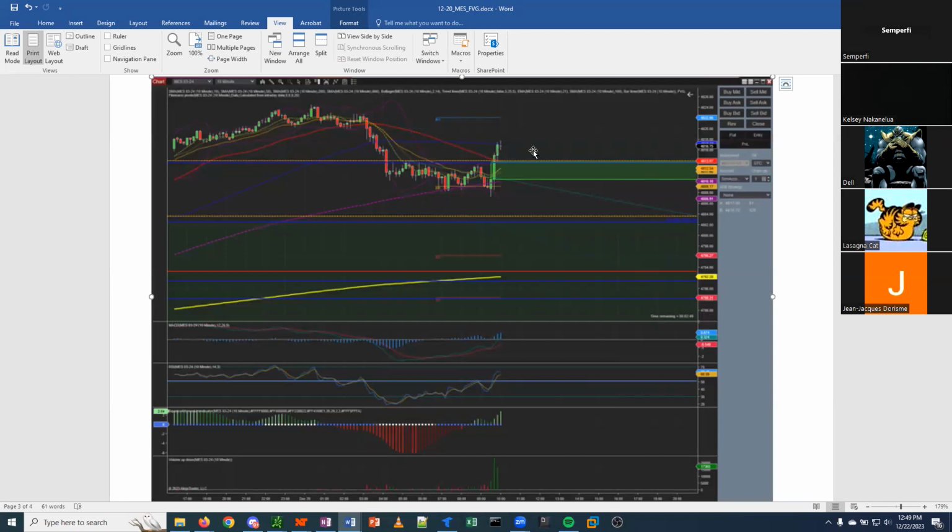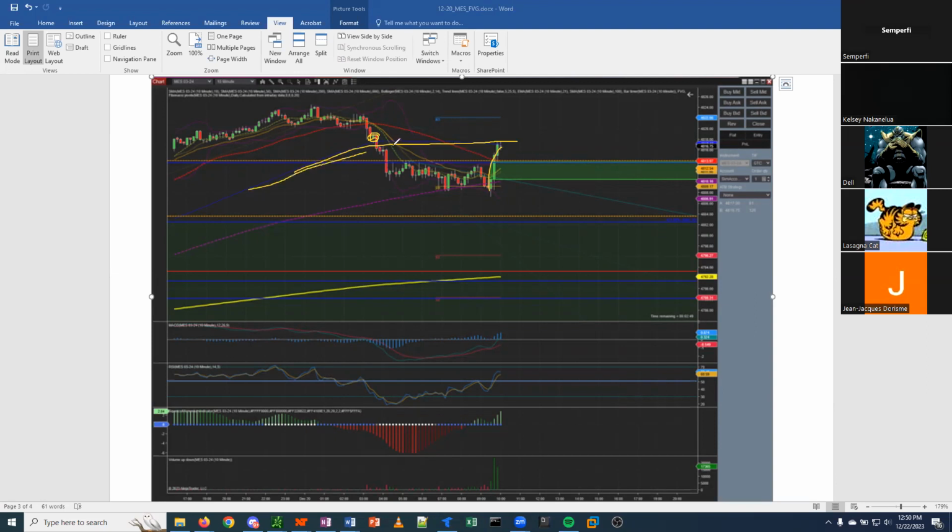Okay. Because right here, this play right here, the screenshot, once it breaks out, it'll probably go, see how there's a little doji right there? Okay. And what's this? Is this a moving average? Which one?